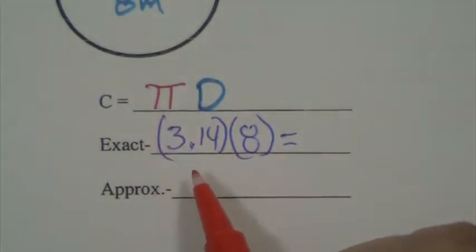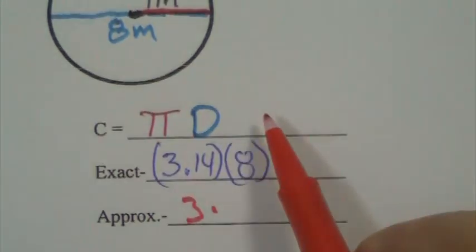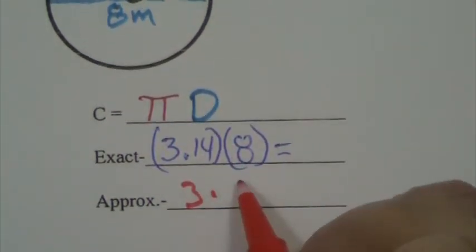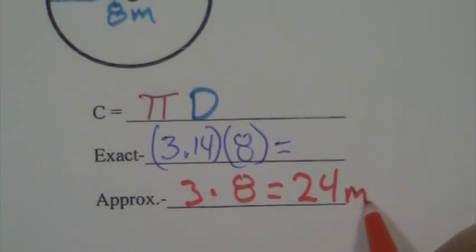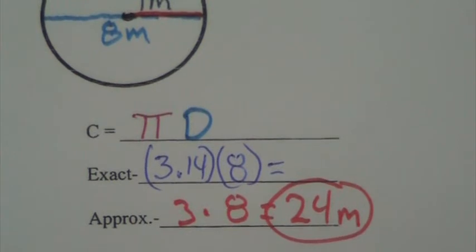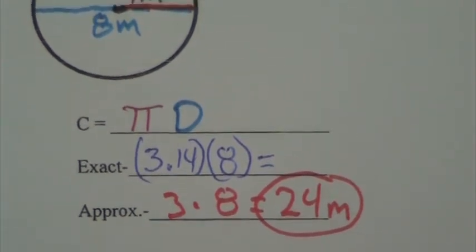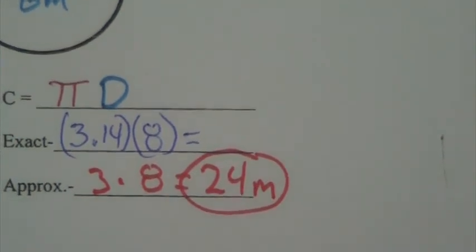So if I use 3 for pi, and the diameter is 8, that's 24. So it should be about 24, approximately. So now let me go ahead and calculate, and it should be close. That way if I'm way off, I know I made a mistake.